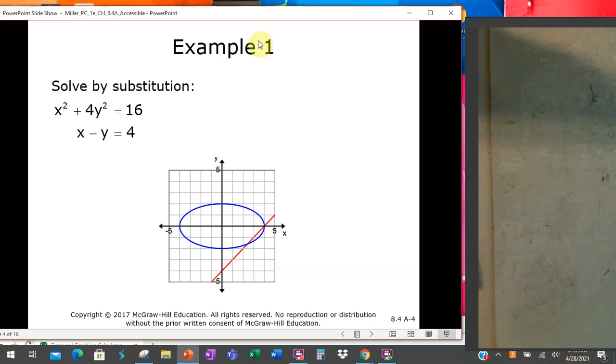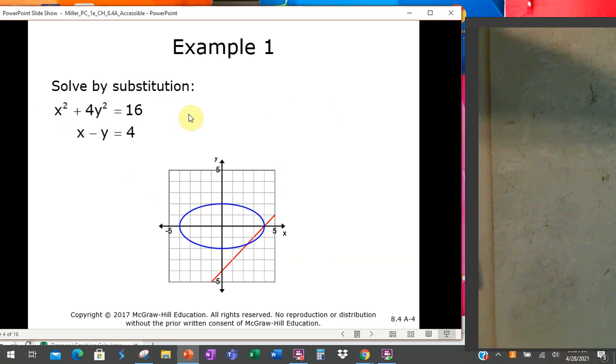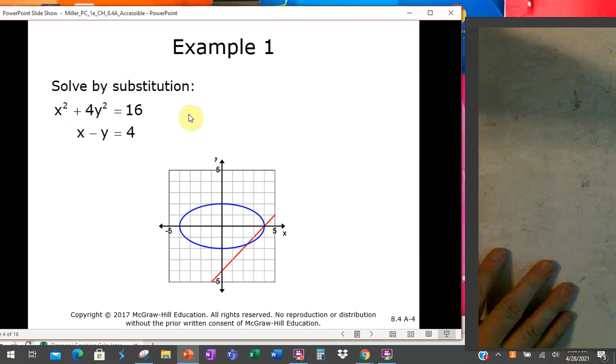For a nonlinear system, I may have no solutions, I may have one solution, this could just touch, or more than one solution. I could actually have 4, depending on the system.